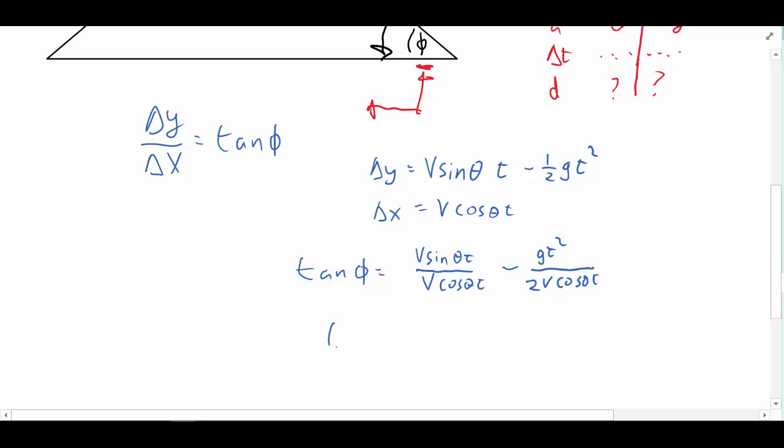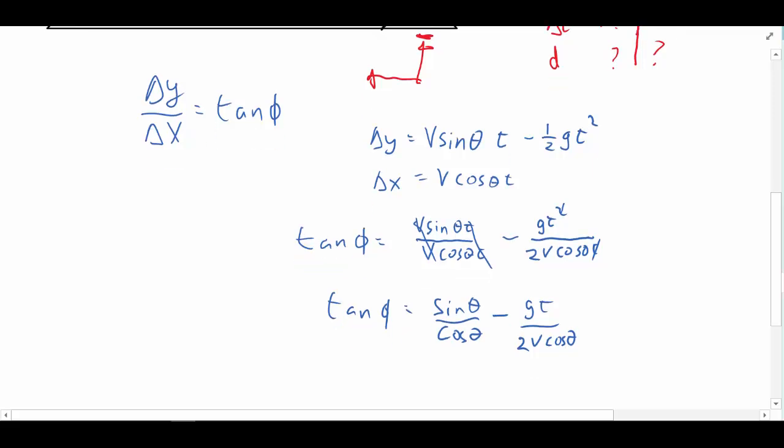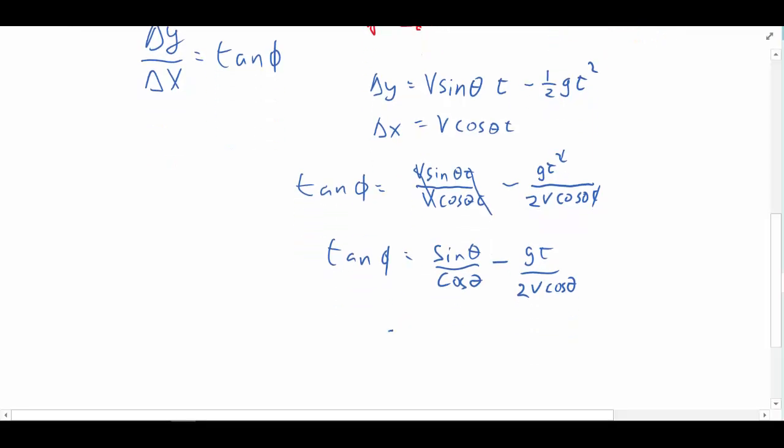I can simplify this. Tangent of phi is going to equal, well, those v's cross out and those t's cross out. Sine theta over cosine theta minus, well, those t's cancel out, g t over 2v cosine theta. I can rewrite this. I can say g t over 2v cosine theta is equal to tangent theta minus tangent phi.